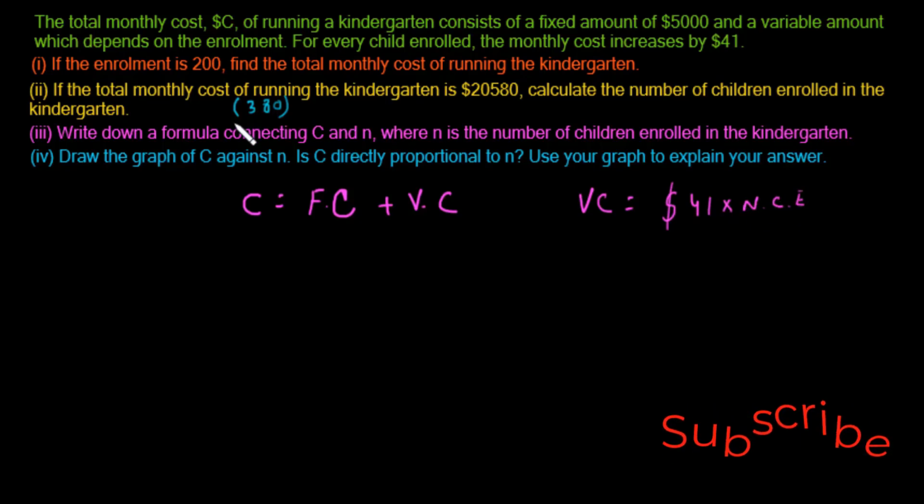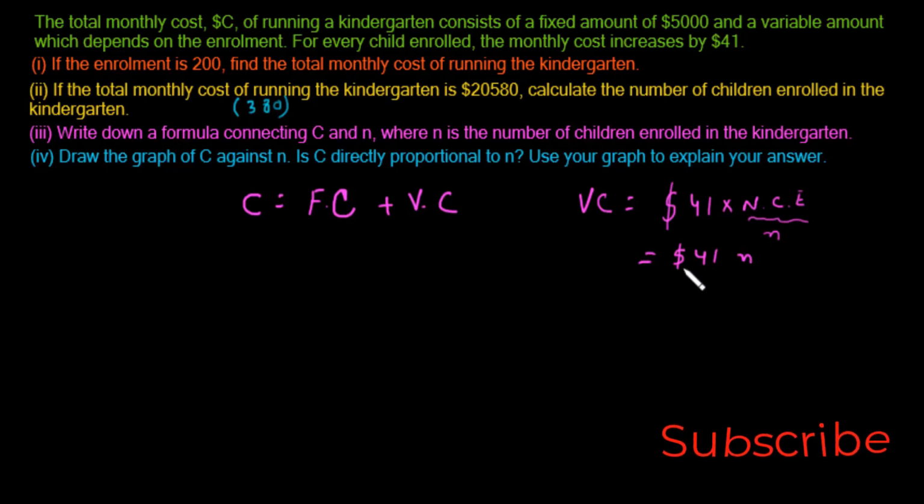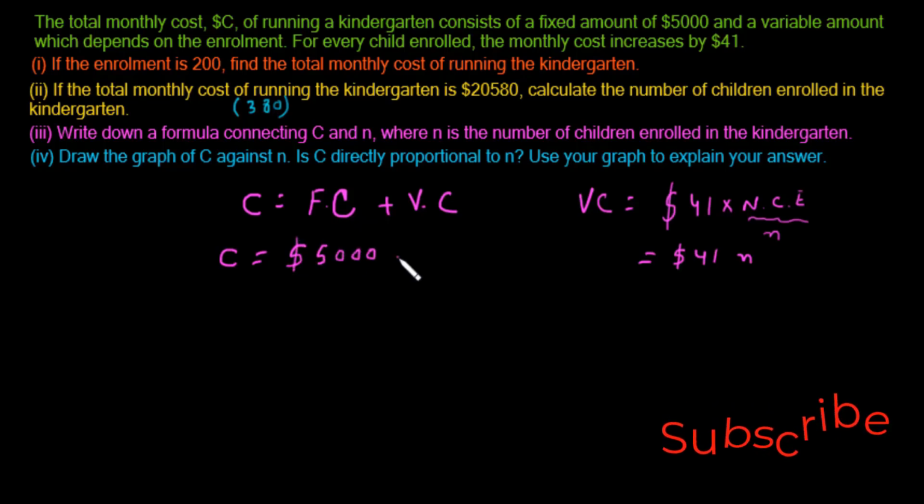But here in this part they say that instead of NCE, number of children enrolled, I will have to write small n. Okay, so this can be written as 41 times n. Now substituting this variable cost into this formula, C will be as it is, and the fixed cost we know is 5,000 plus $41 times n.